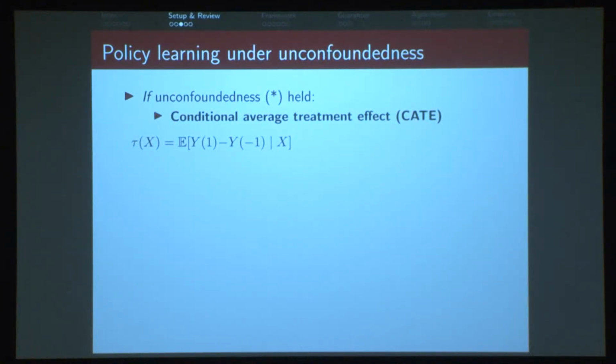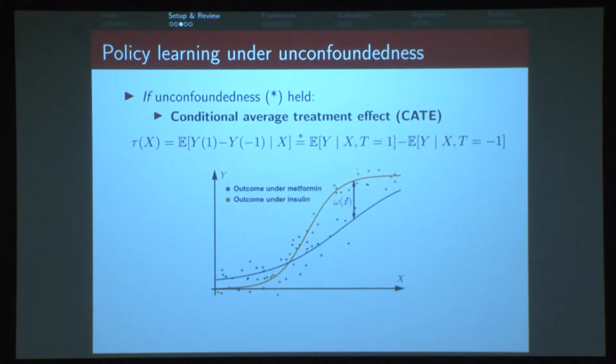In some sense, this is the best prediction for the difference if all I see is x. Under unconfoundedness, which I've marked by star here, I can rewrite this as the difference of two regressions. The regression of outcome on features in the treatment +1 population, and the regression of outcomes on features in the treatment equals -1 population.